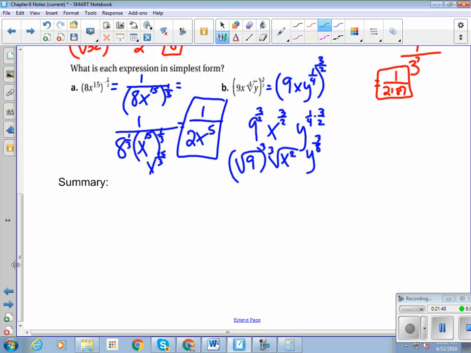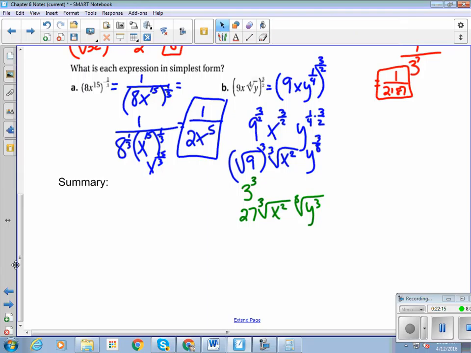Square root of 9 is 3. 3 to the 3rd power is 27. I'm kind of stuck with this cubed root of x squared. And then I'm going to have 8th root of y cubed. And there is nothing we can do to make that any simpler.